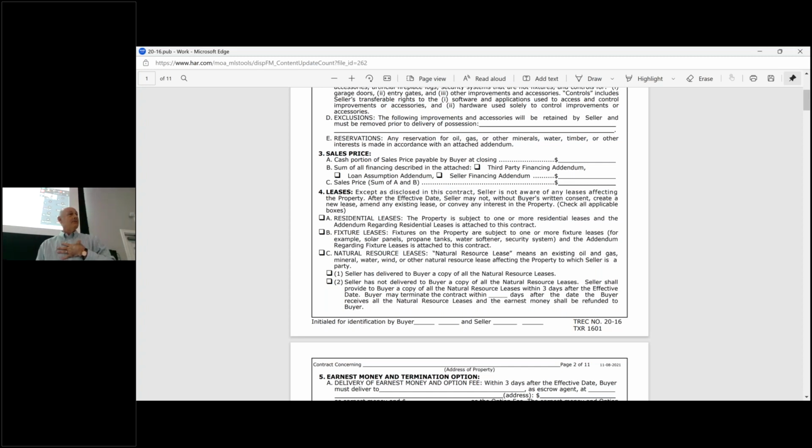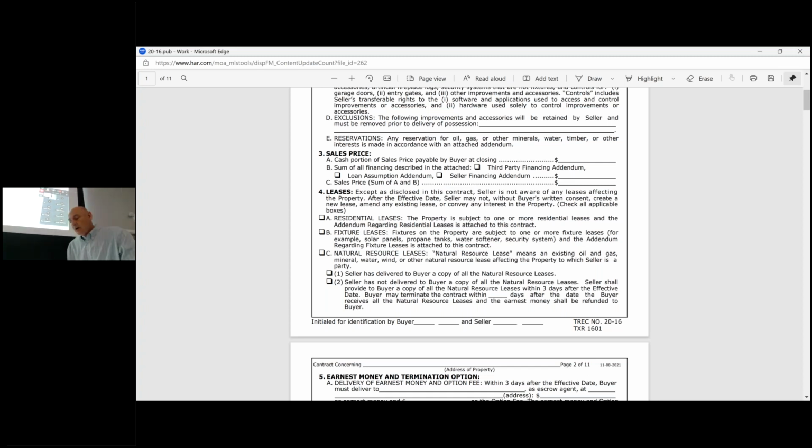I believe the language is exactly the same, but we'll look at that in a farm and ranch class. So if the seller knows they already belong to somebody, are we required to send that?